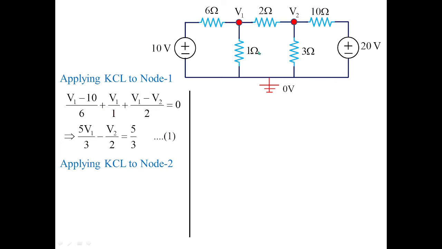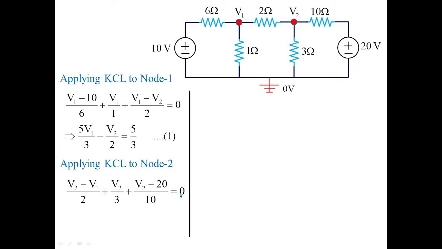Similarly, applying KCL at node 2, at node 2 also you have 3 branches. V2 minus V1 by 2 is one branch current, V2 minus 0 by 3 is another branch current, and V2 minus 20 by 10 is another branch current.